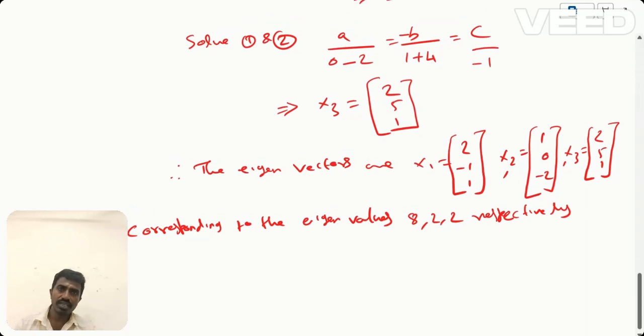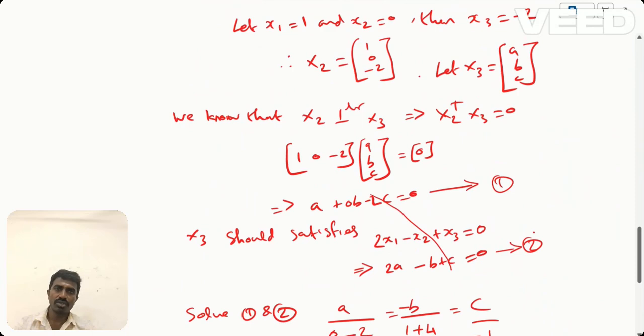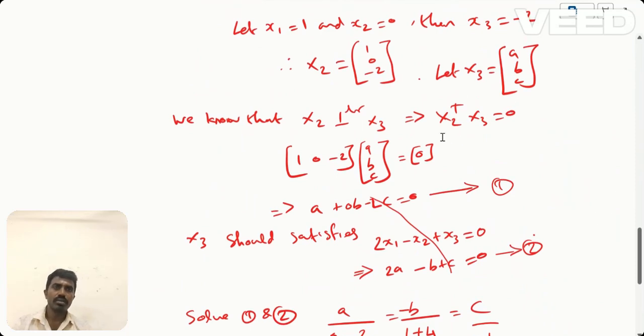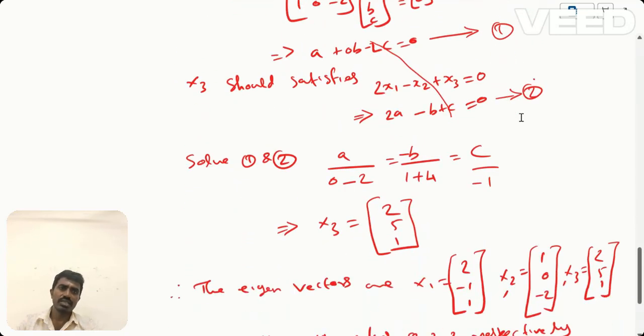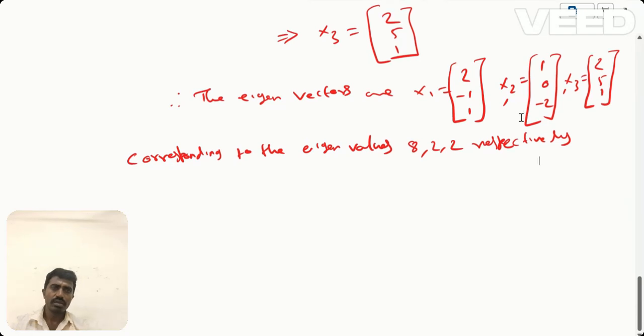If the eigenvalues are distinct, then you no need to check this property x2 transpose x3 equal to 0. If the eigenvalues are distinct, you have to find the eigenvectors as usual. Now normalize these vectors.